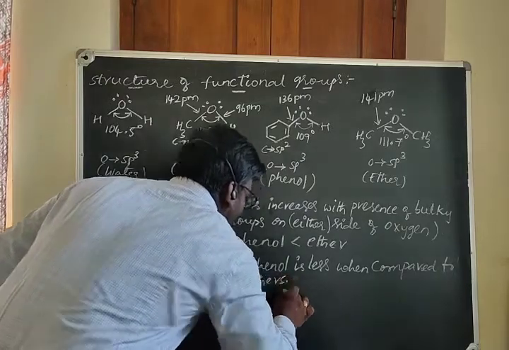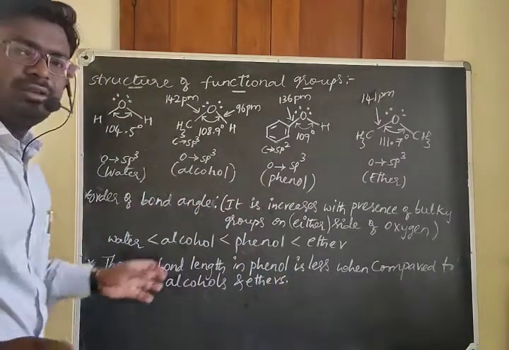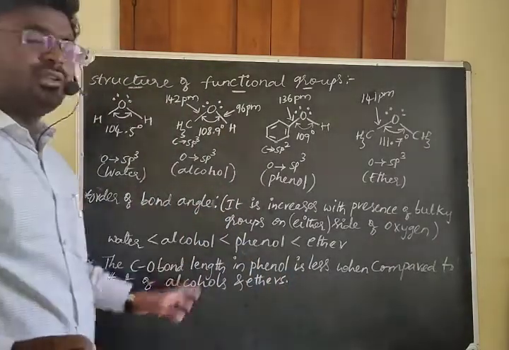What are the reasons for the short CO bond length in phenol?